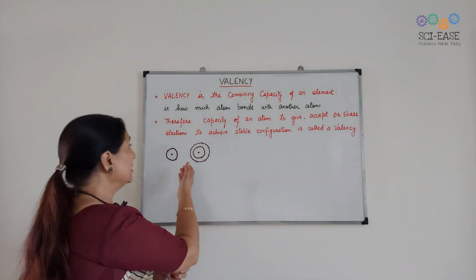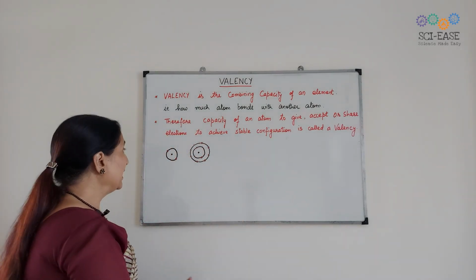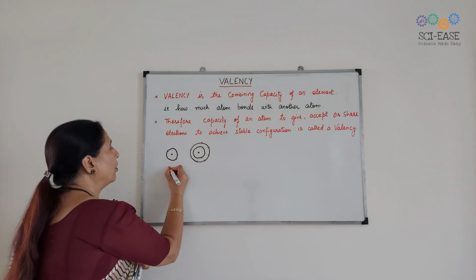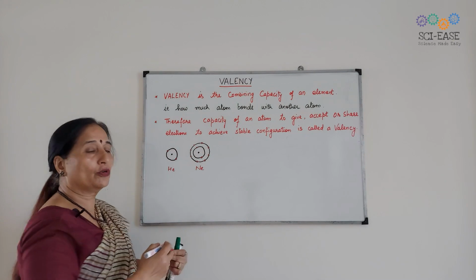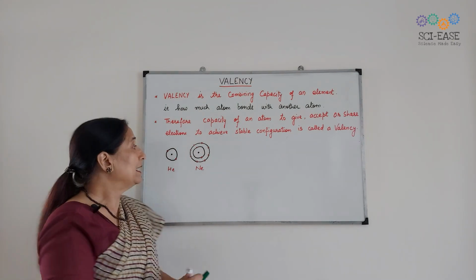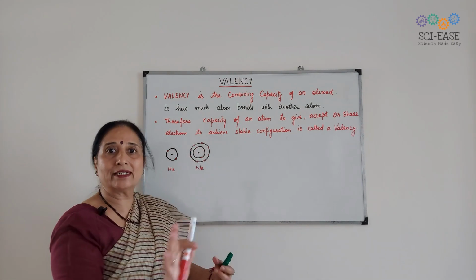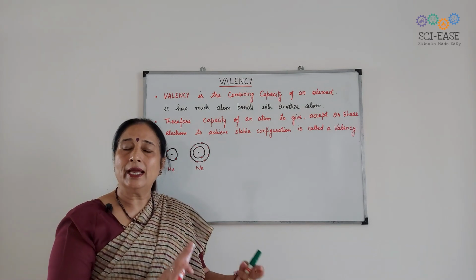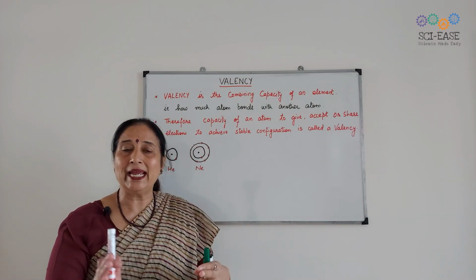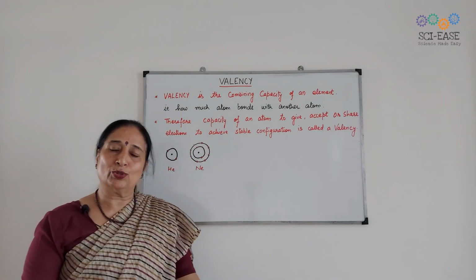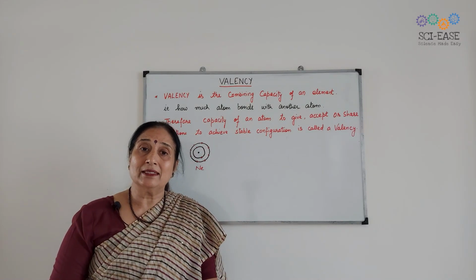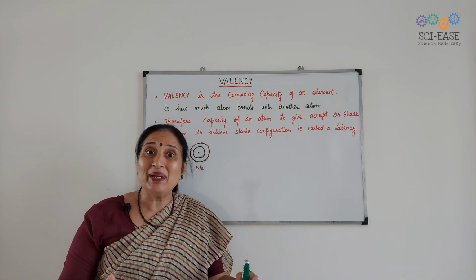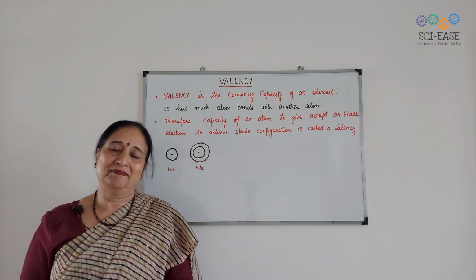So here, in case of helium, neon or argon, you can draw the structure of argon on your own. In the third shell, again the octet is complete, 8 electrons. Electronic configuration is 2, 8, 8. So a total of 18 electrons are present. This means they have chemical stability.